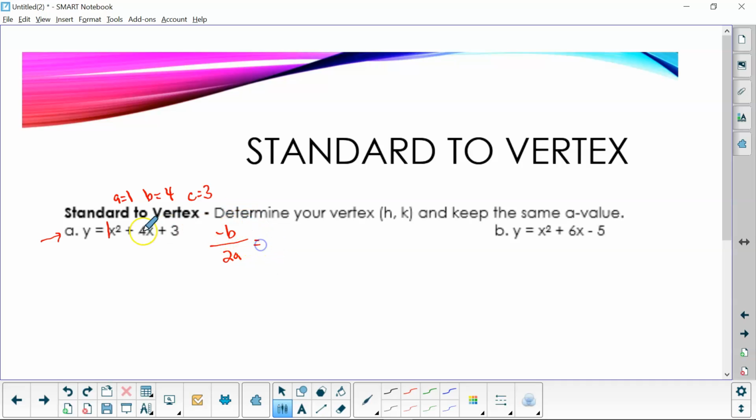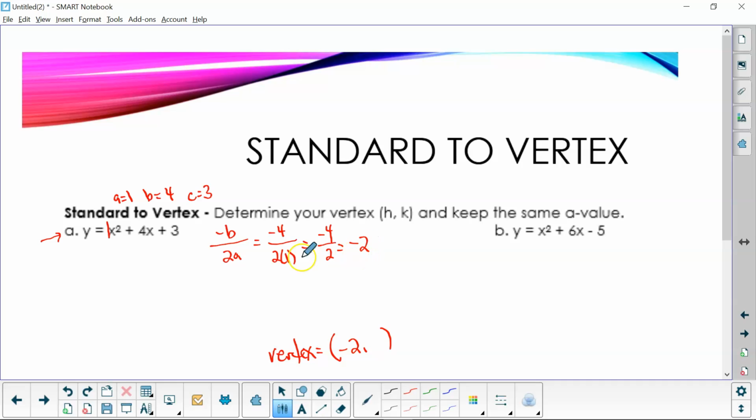So I'm going to plug in these numbers to find my vertex. Negative 4 over 2 times 1 is negative 4 over 2, which equals negative 2. So my x value is negative 2, but I don't know my y value yet.